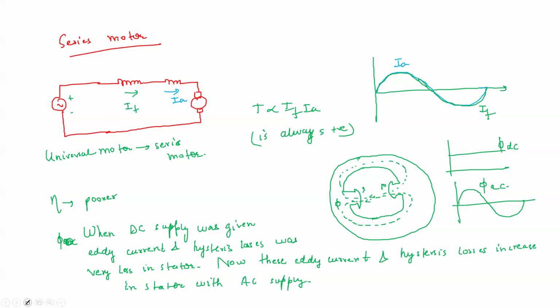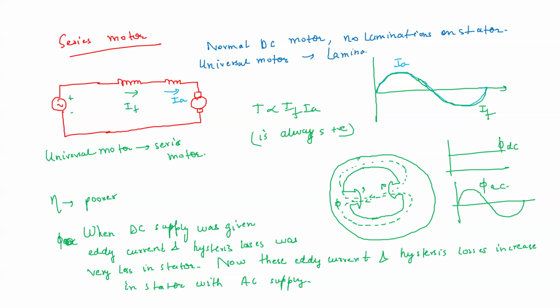So for the DC supply, which is the normal DC motor, there are no laminations on the stator. However, the universal motor, which is a DC motor with AC supply, must have laminations on the stator.